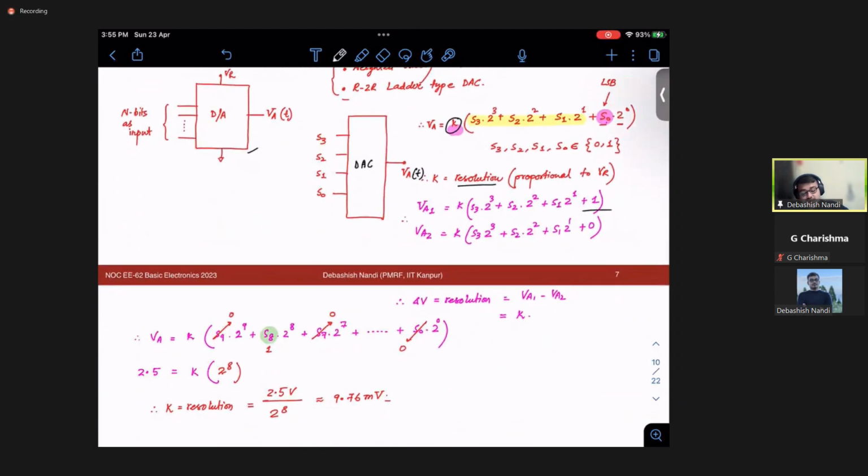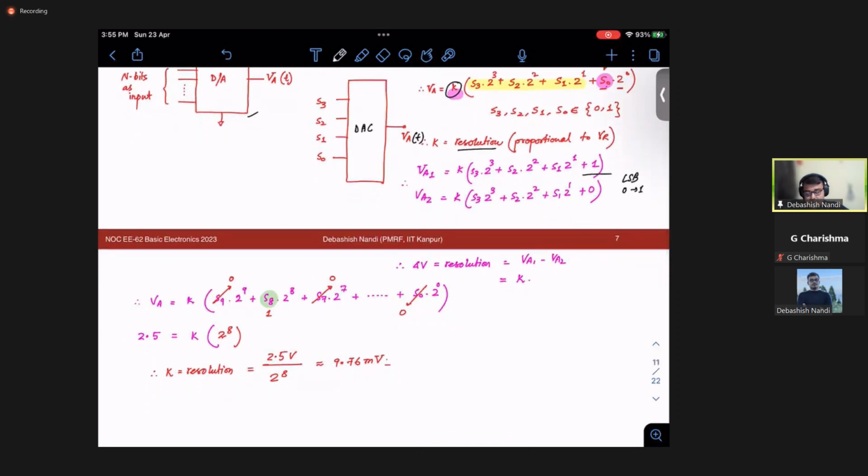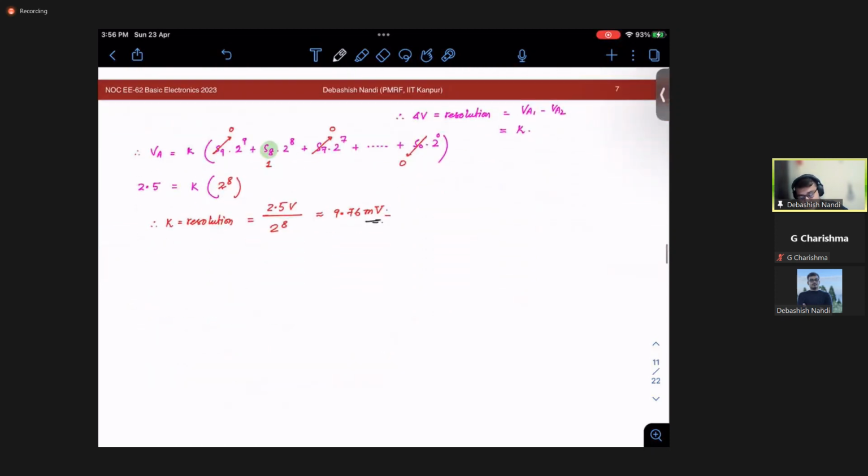Because when your LSB changes from 0 to 1, you can take the difference and you get the minimum voltage difference you can measure. That is called the resolution. For the given problem, we needed to find the resolution, so we have done that.